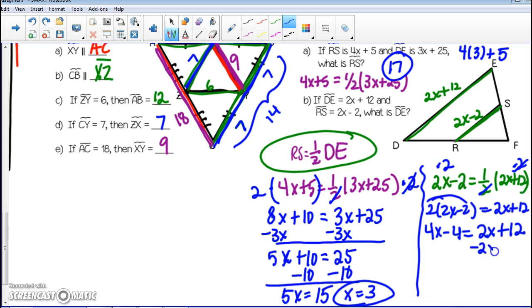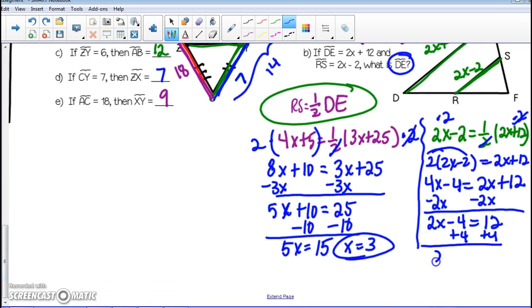Now we're going to solve. So subtract 2x. This time it's looking for DE, so we don't want to forget that. We'll add 4. So x is 8.